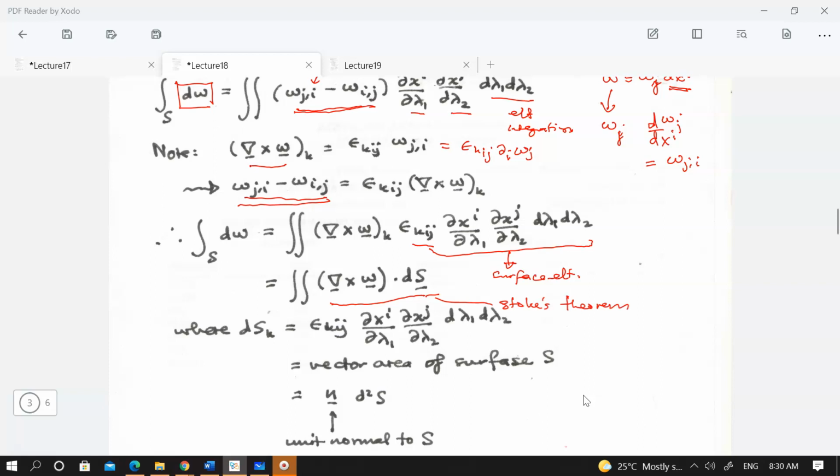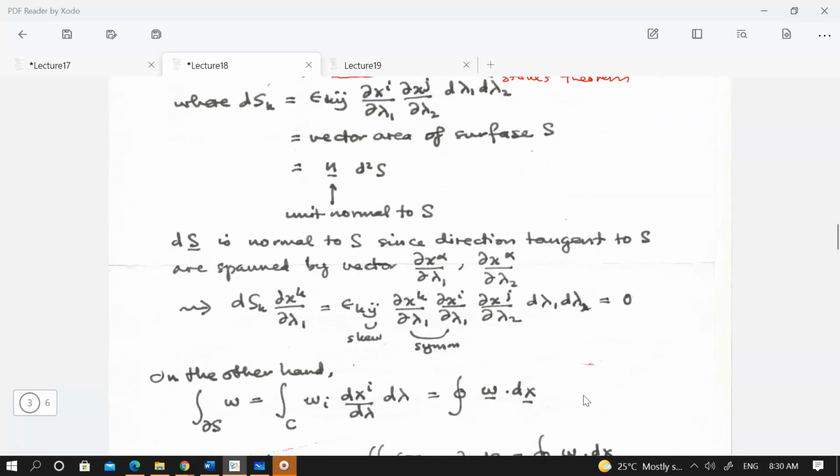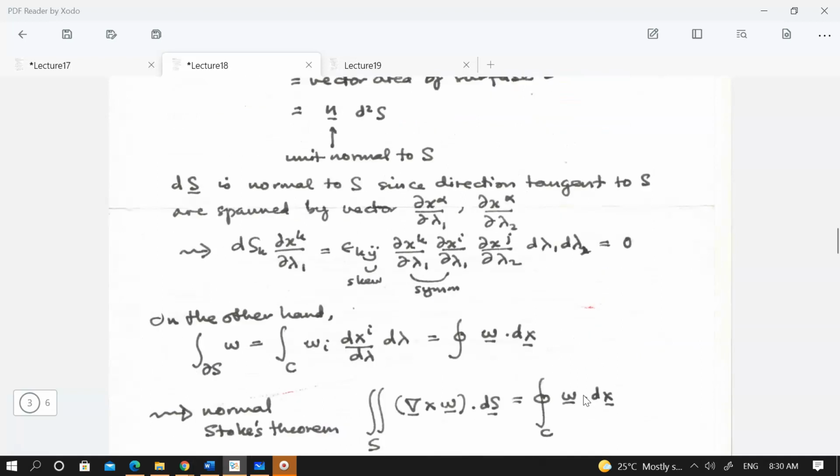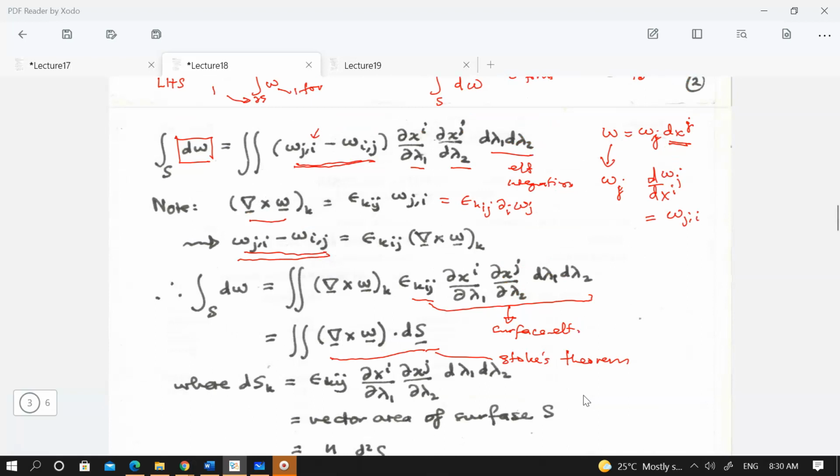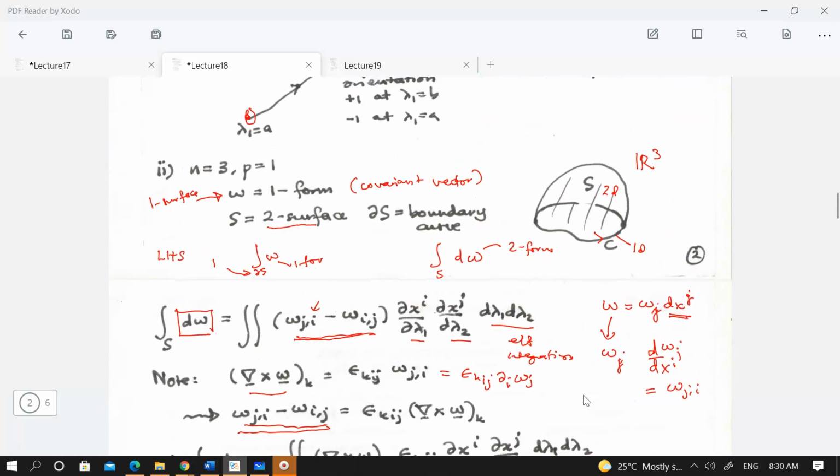What's this related to? It's going to be related to the left hand side of your generalized Stokes theorem. I have it somewhere over here, yeah, which is going to be that. So I'm going to skip all this. Again, the idea here is there's a normal to the surface.